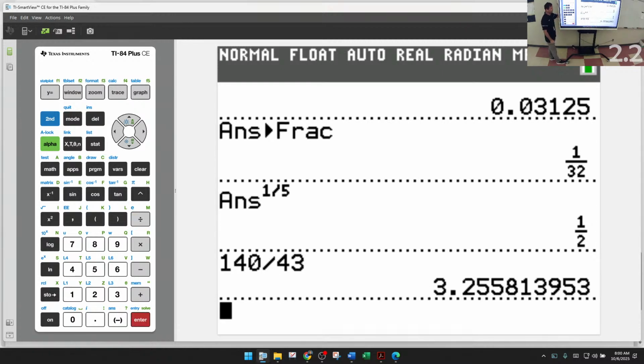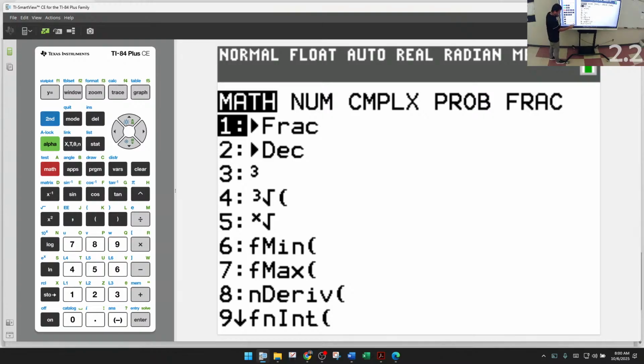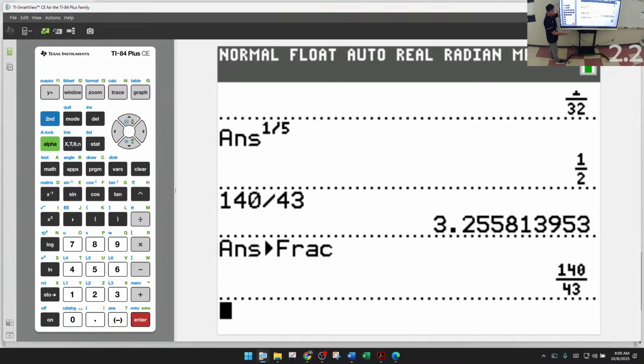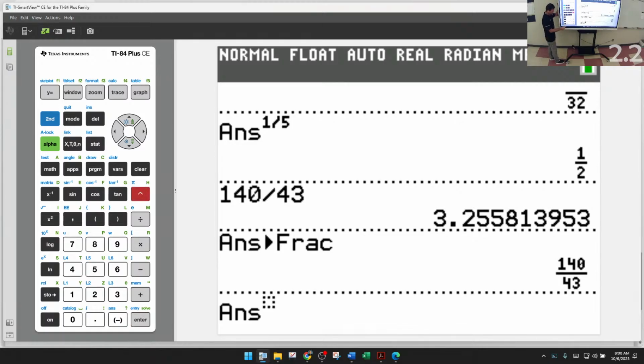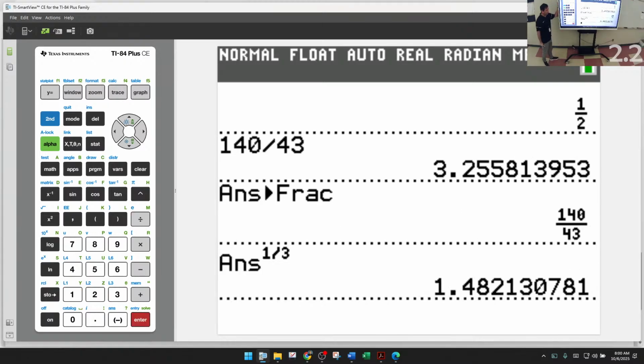You can try to change that to a fraction, but it doesn't change into a fraction, it's just 140 over 43. And then we're going to take the cube root of that, 1/3. And so that's the R value, which is not the best thing in the world.